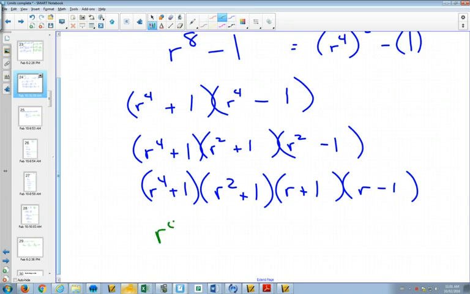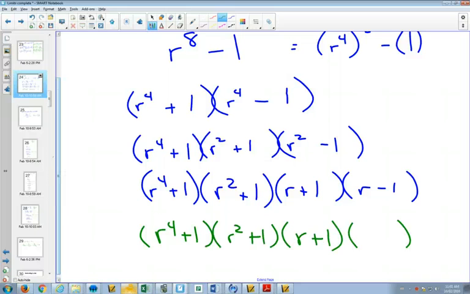Of course, if you want to get crazy, this isn't actually factoring it further. But if you thought, well, r is just the square root of r times the square root of r, then I could have square root of r plus 1 and square root of r minus 1 and write that. No, this is why I did it in green.